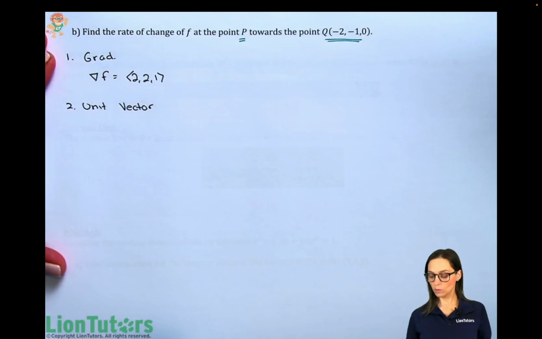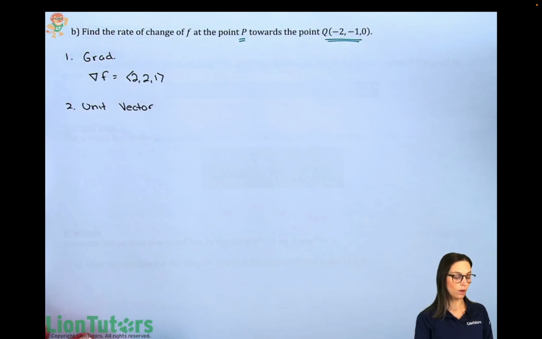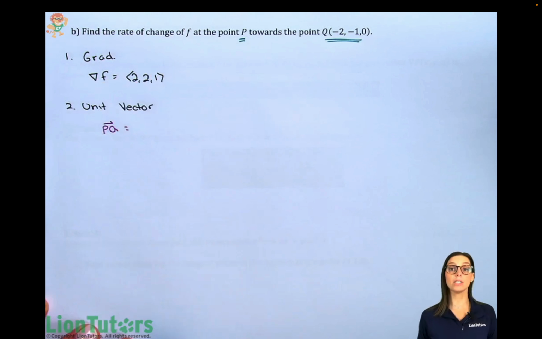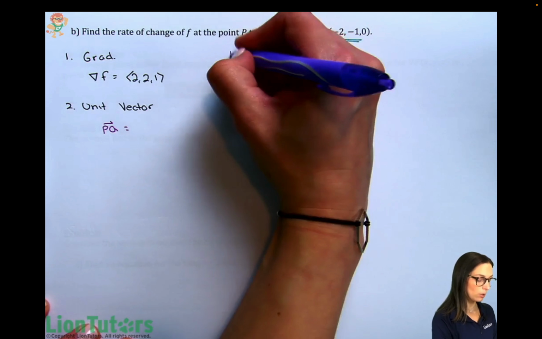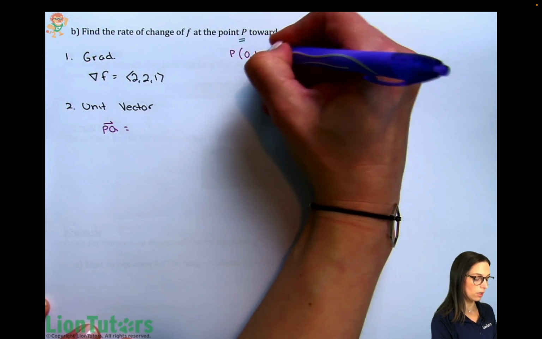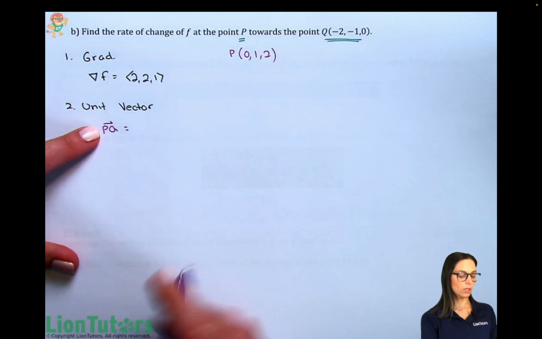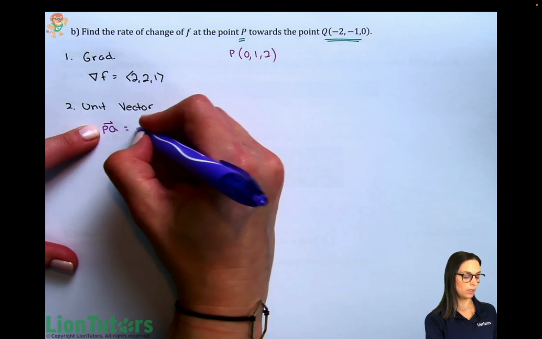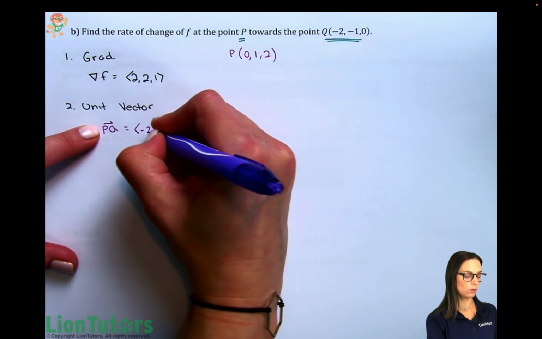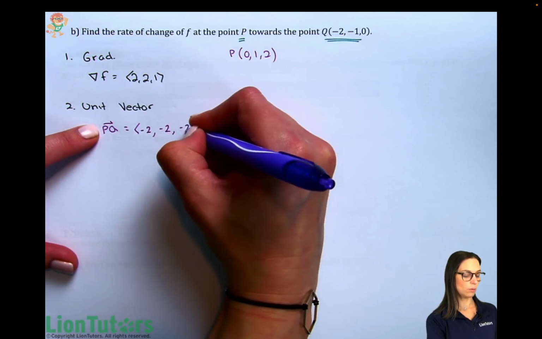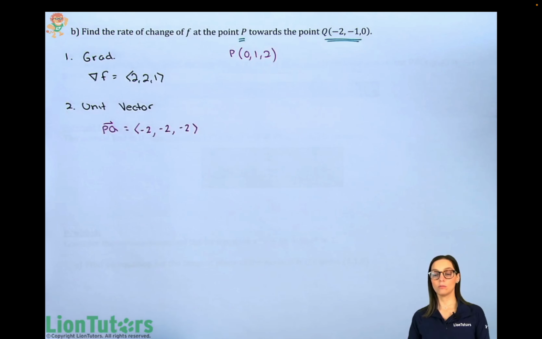So to compute this unit vector, we are going to find PQ, because that's the direction that we're going in. We're going from P to Q. So as a reminder, point P was given in the beginning of the problem as 0, 1, 2. So PQ is going to be all the points of Q minus P. So negative 2 minus 0 is negative 2. Negative 1 minus 1 is negative 2. 0 minus 2 is negative 2.